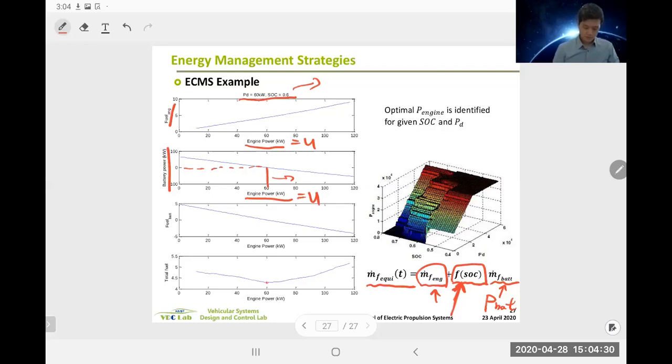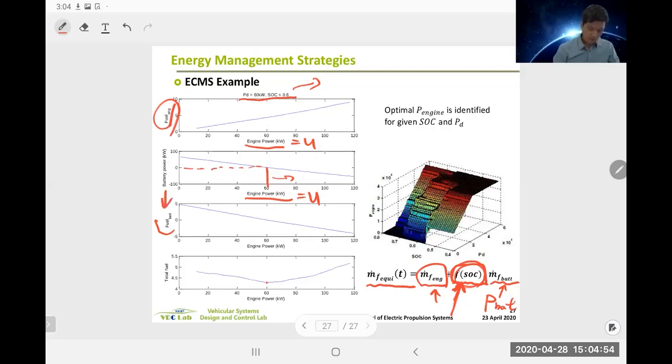So if you multiply battery power with this coefficient, and then you add this plus this, then you get, oh, I'm sorry about that.